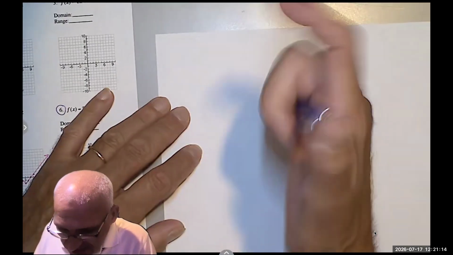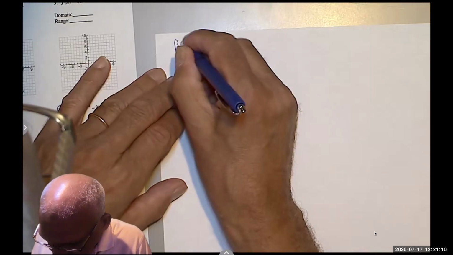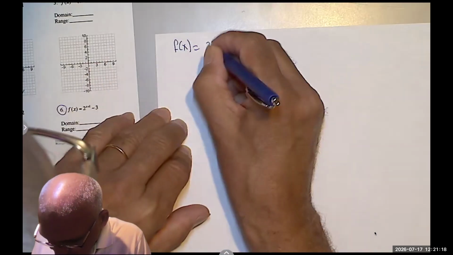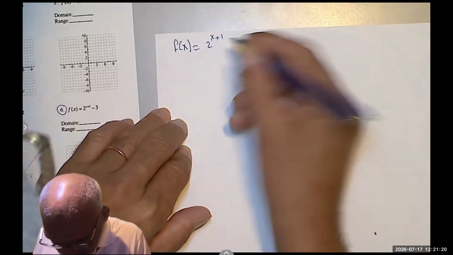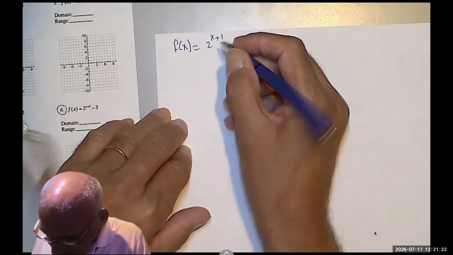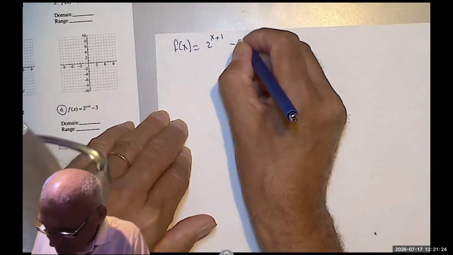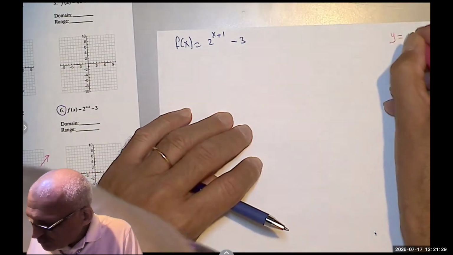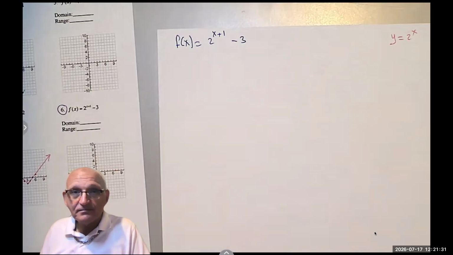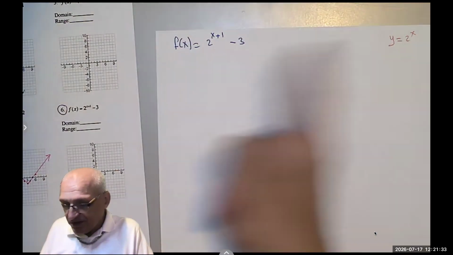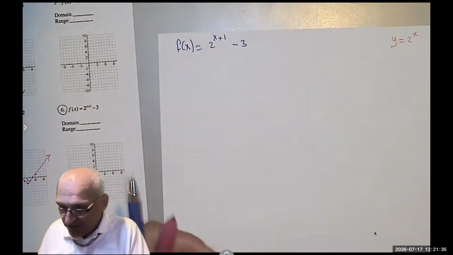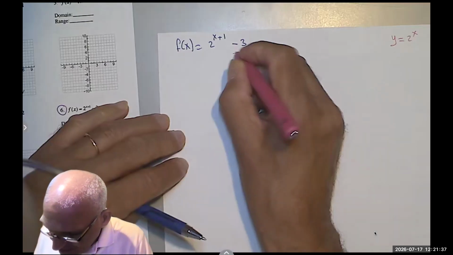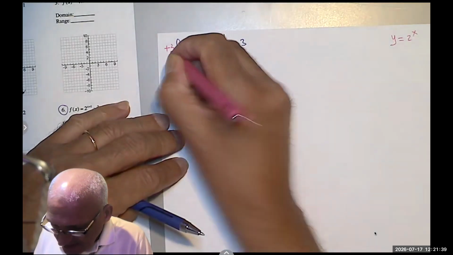Number 6 says f of x equals 2 to the x plus 1, and this one turns out to be easy also, minus 3. So here y equals 2 to the x. How do I make only the 2 to the power on the right? It means I have to add 3 to both sides. That's it.